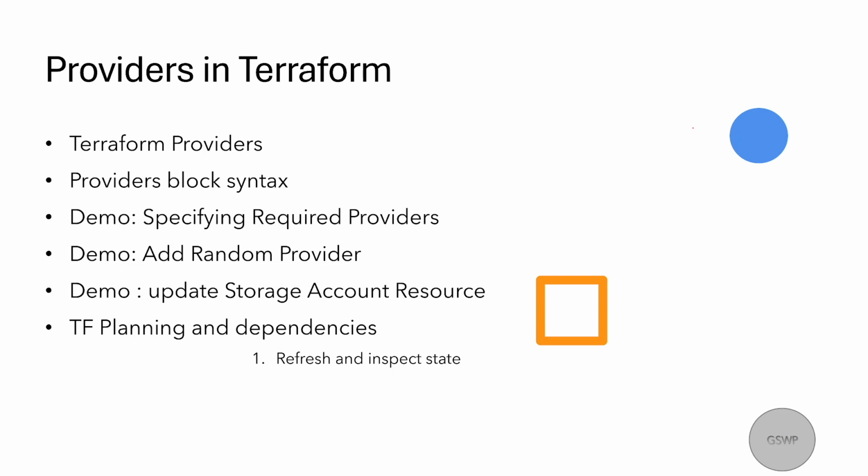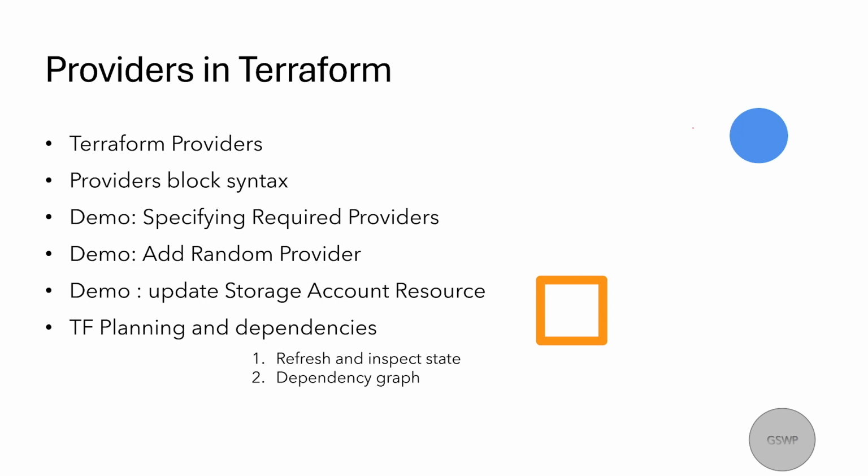For example, right now we are working on three resources mainly: storage account, vnet, and resource group. It will see whether the resources I'm creating or deleting in my code are the same as written in the state file, what the differences are, and it will return the difference to us.